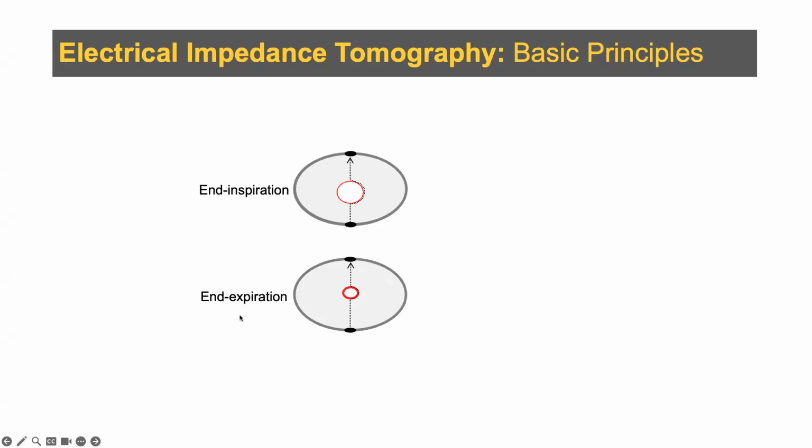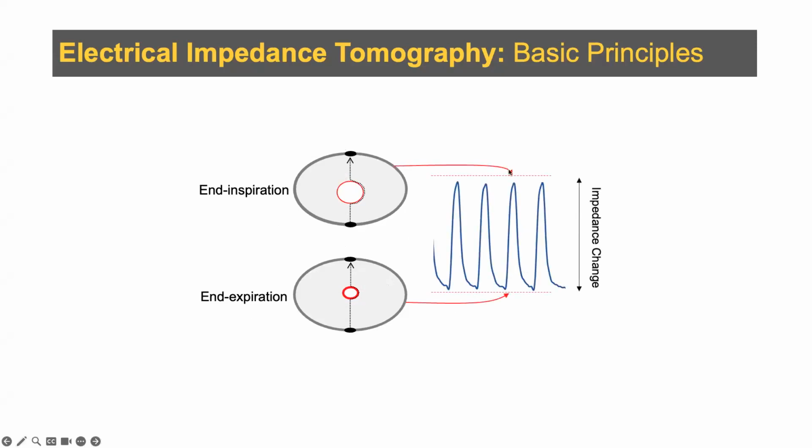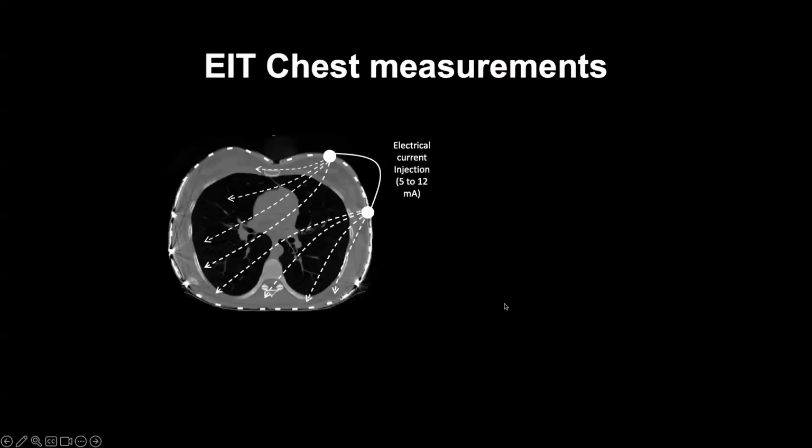Note that from end expiration to end inspiration, the alveoli wall becomes longer and thinner, making it much more difficult for the electrical current to move from side to side. Then, the EIT image and the waveforms represent the image change over time, and an increase in intrapulmonary gas volume increases the impedance, while exhalation decreases the impedance.